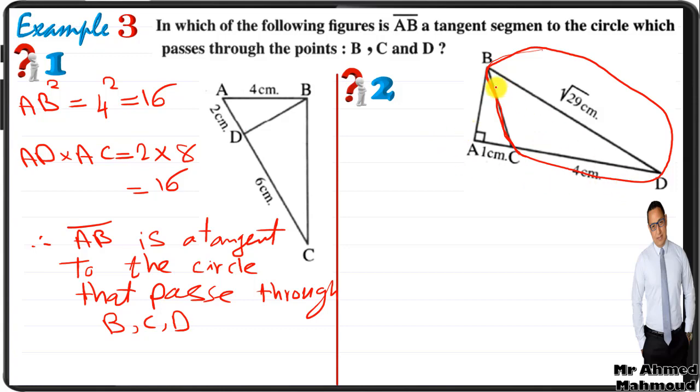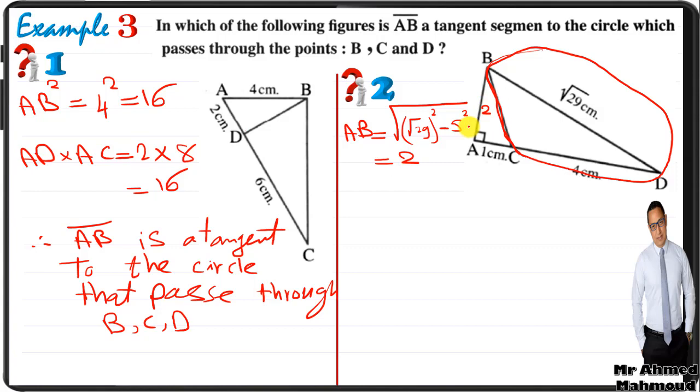ABCD is a right angle triangle, so AB equals the square root of hypotenuse power of 2 minus side power of 2, the square root of 29 all power of 2 minus this side 5 centimeters, 5 power of 2, so it is equal to 2 centimeters.